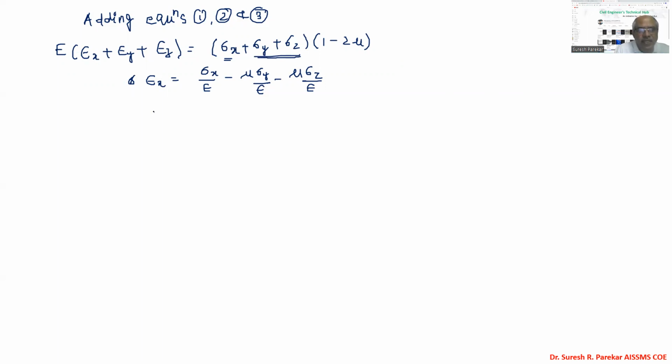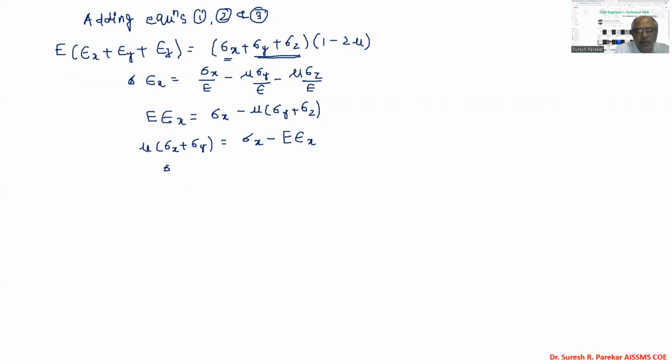If we see this, then we have E into epsilon x equal to sigma x minus mu in bracket sigma y plus sigma z. Now if we take sigma y and sigma z to this side, I will get mu in bracket sigma y plus sigma z equal to sigma x minus E into epsilon x.